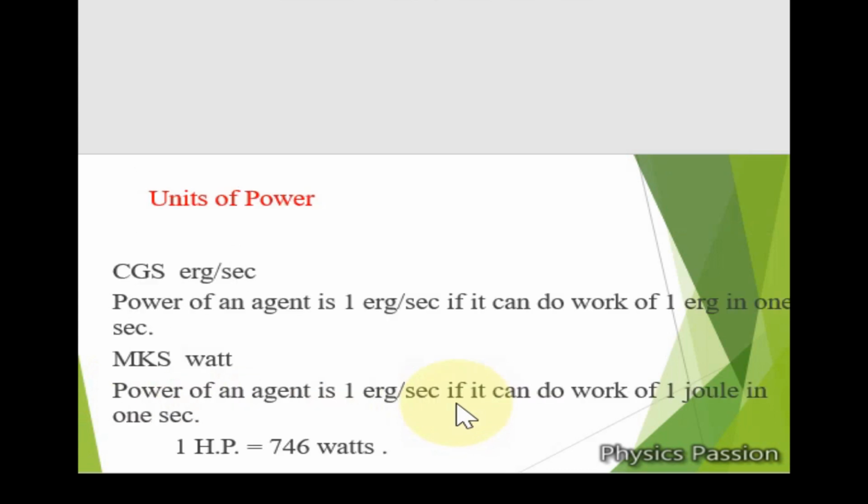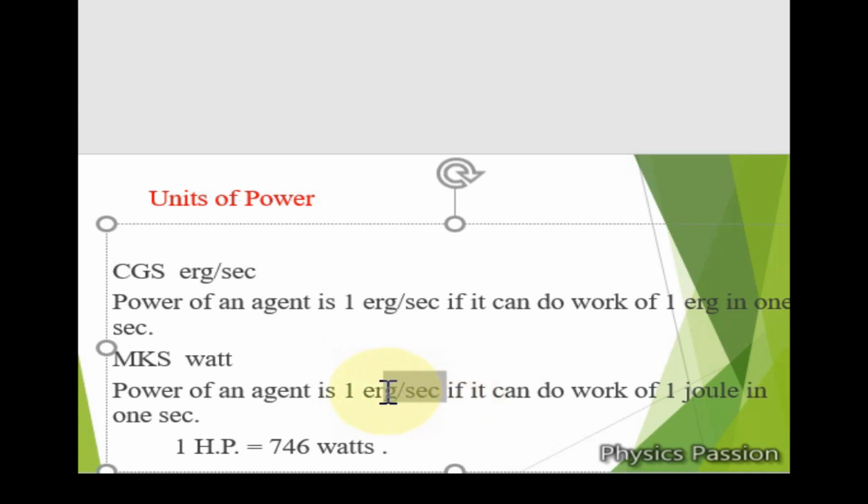So let us discuss the units of power. If I take the CGS system, then the unit of power is erg per second. The power of an agent is said to be 1 erg per second if it can do work of 1 erg in 1 second. Very clear, very simple. In MKS system, the unit is watt. Power of an agent is 1 watt, sorry, it's not erg per second, it is watt, if it can do work of 1 joule in 1 second.